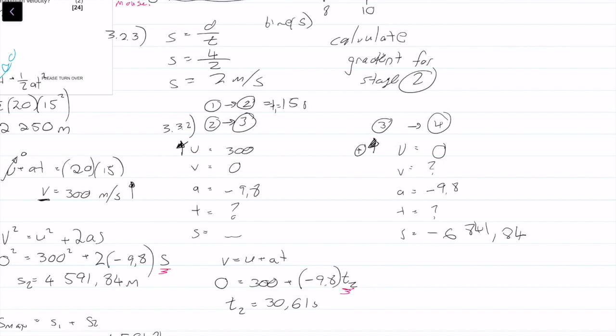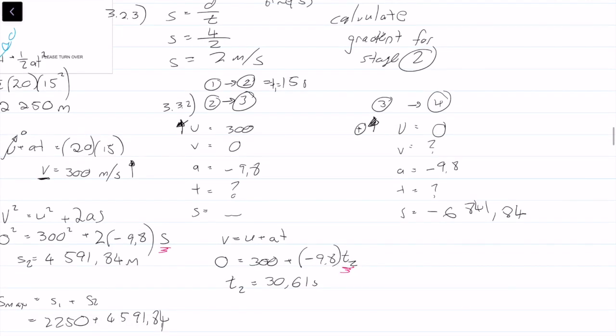we calculated it as being 6841.84 meters. And I'm going to use the equation S is equal to UT plus a half AT squared. The initial here was 0, so that goes to 0. So we have S is equal to a half times minus 9.8.